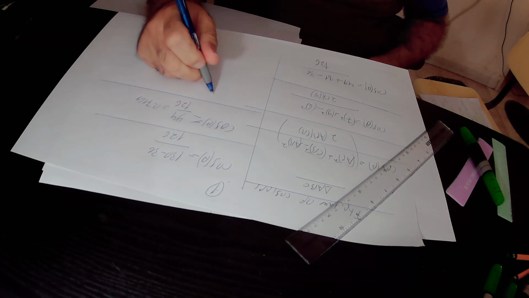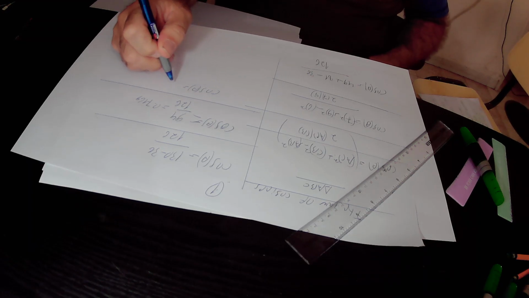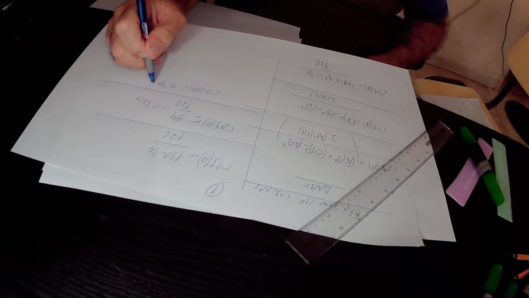So in total we found out that cosine theta equals 0.7169.